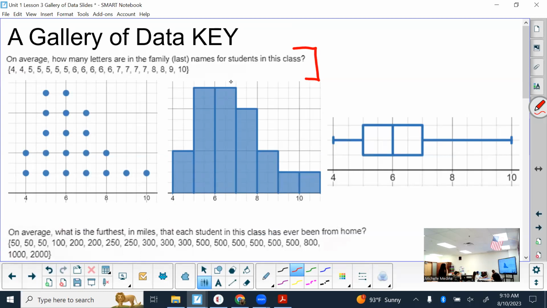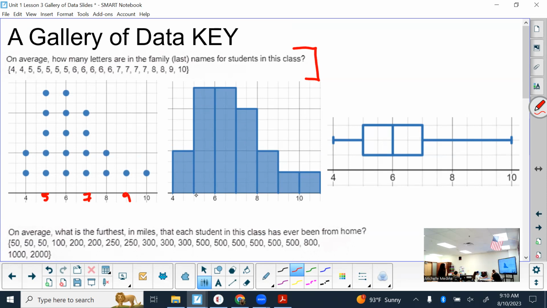In that case, for a dot plot, you would probably want to count by 1 because you don't have a whole lot of data that you're working with. So you can clearly see them on your dot plot if you count by ones. For histogram, since we normally do intervals, I would say 1 to 2 maximum for your intervals.